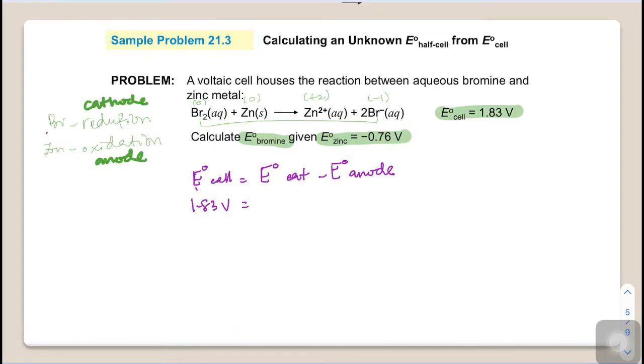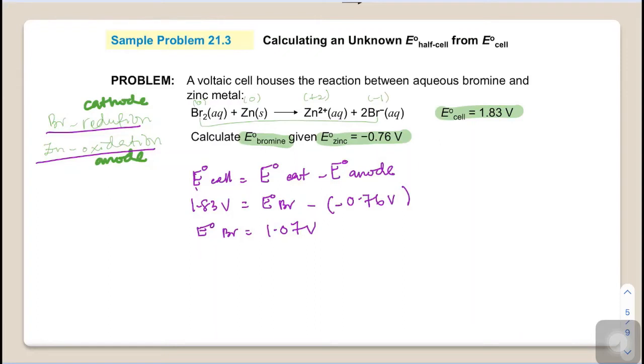E naught cathode is the E naught of the bromine, which is what we want to calculate, minus E naught anode, which is the E naught of the zinc, given as negative 0.76 volt. So we get the E naught of the Br2 is equal to 1.07 volt.